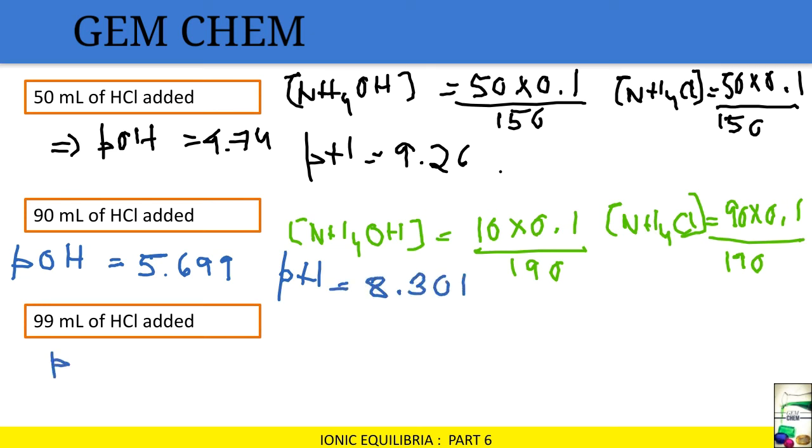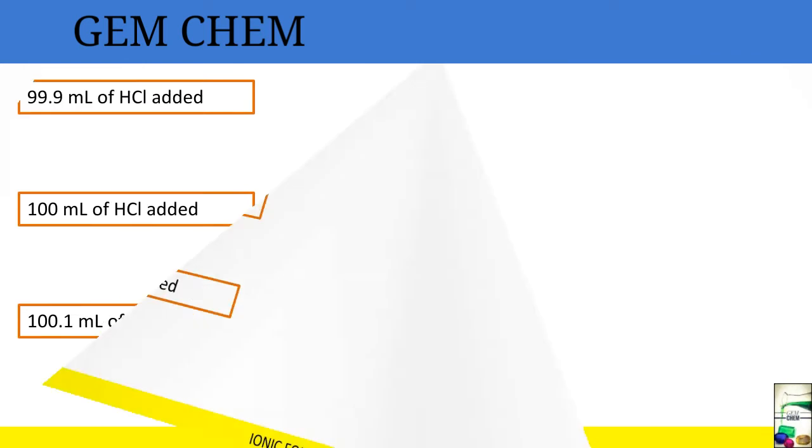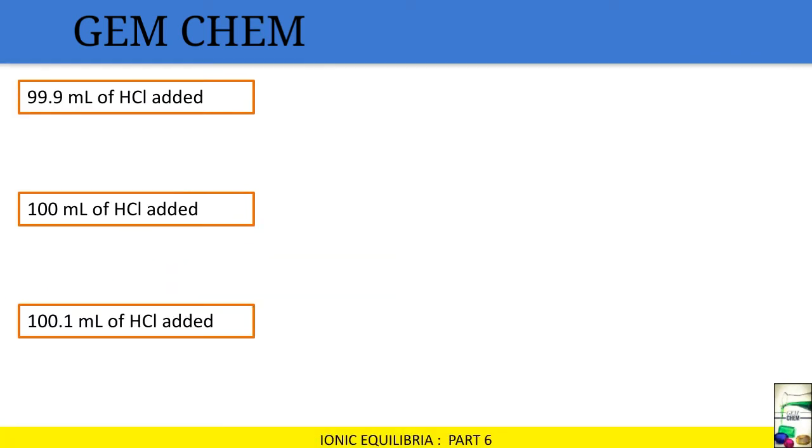Similarly for 99 ml, pOH will come as 6.74 and pH will come as 7.26. If we go for 99.9 ml, same calculation, same way, and the pH will be obtained as 6.26. So try these on your own.